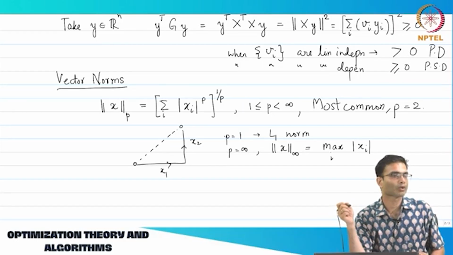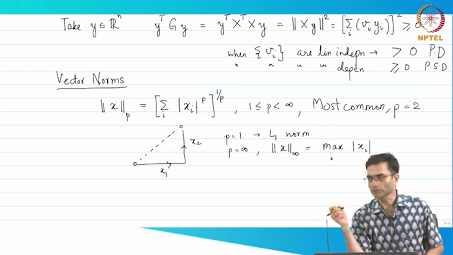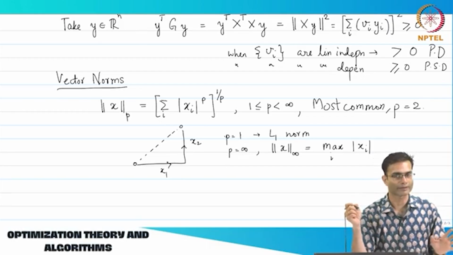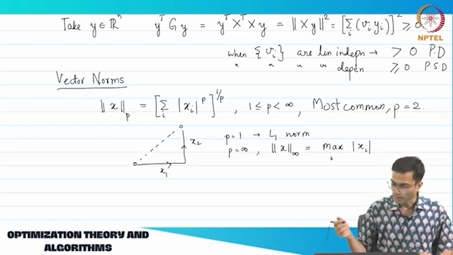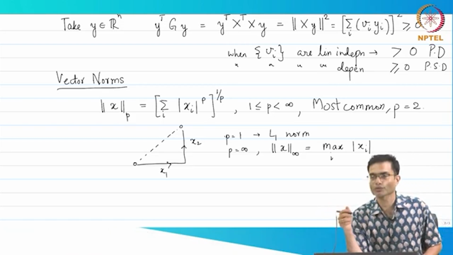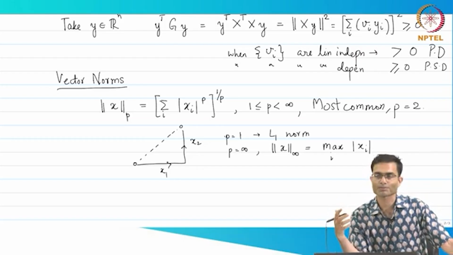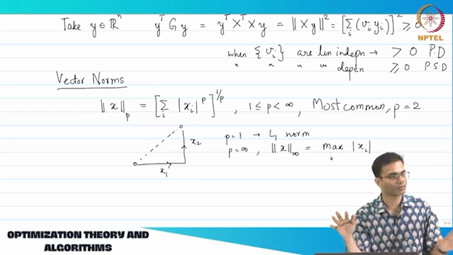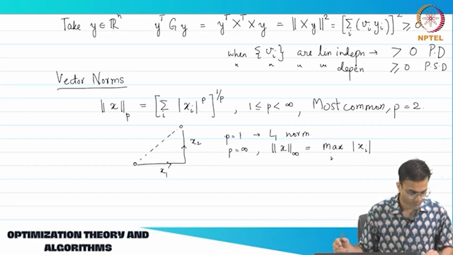Towards the end, when we go to constrained optimization, we will briefly use P equal to 1. And sometimes in certain proofs, you might see the infinity norm. Nothing else other than that. Now, the choice of norm is often determined by what makes my math easier. Many times the choice of norm is dictated by what is going to simplify the derivation, right? So P equal to 2 is most convenient.